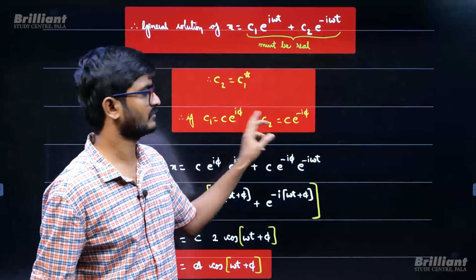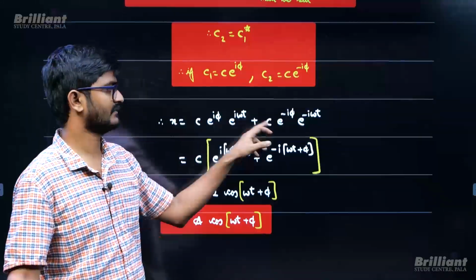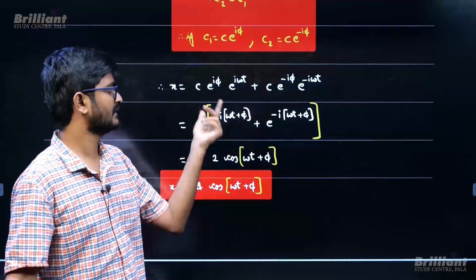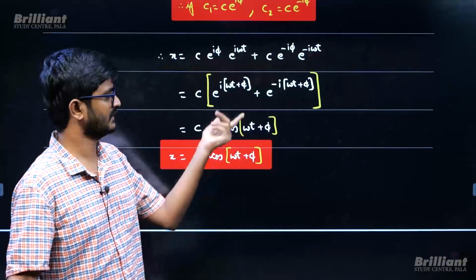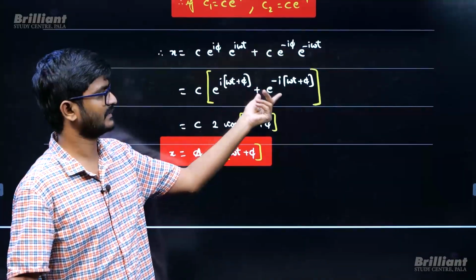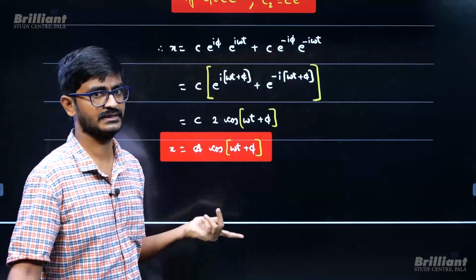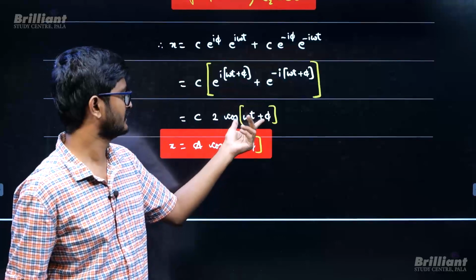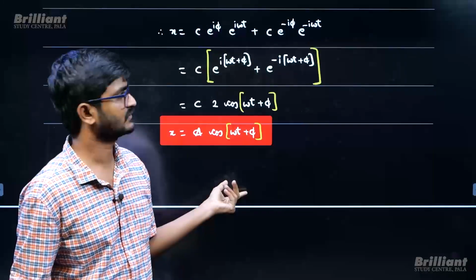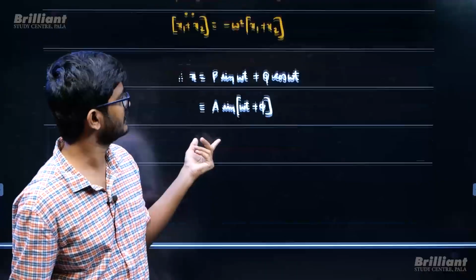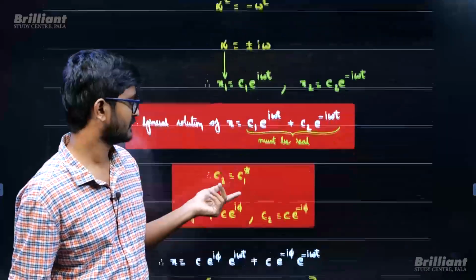When I substitute it, e power minus ix plus e power ix will be 2 cos x. So if I call 2c the amplitude, you will get this as the general solution. The same thing you have got here also. Here instead of sine, I could have written cos also. So that's the general solution.